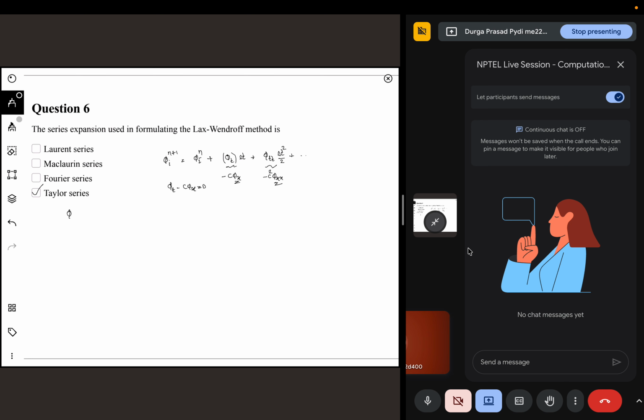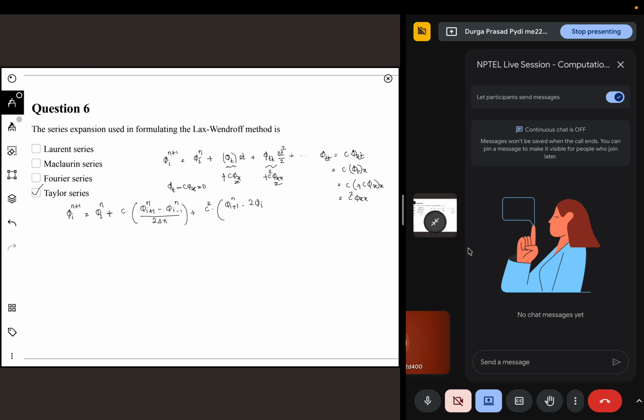So if I write it in the discrete form, I have phi n plus 1. If I use a central space, phi i plus 1 minus phi i minus 1 by 2 delta x, and then we have phi xx, which is c square, phi i plus 1.